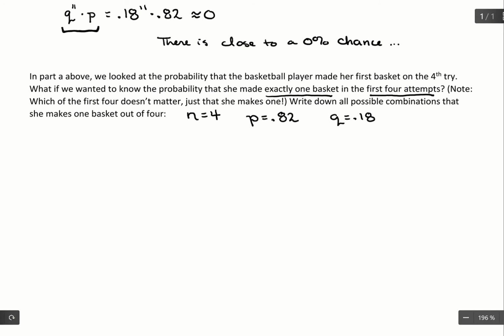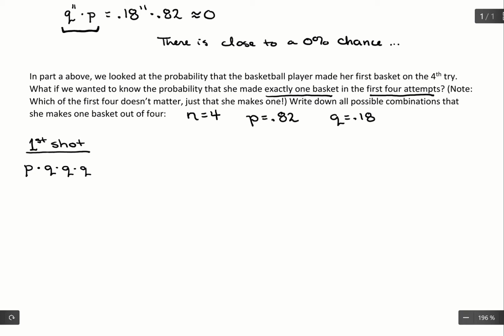The idea being that she could make it on the first shot. That would look like having our success, and then she would miss the next 3. So having P times Q times Q times Q is showing she shot the ball 4 times for a free throw, she made the first one, and then missed the next 3.